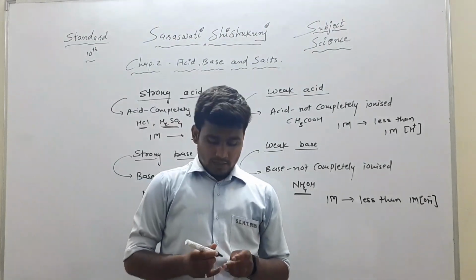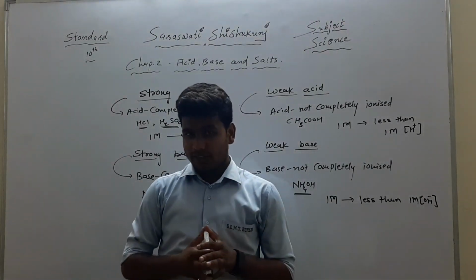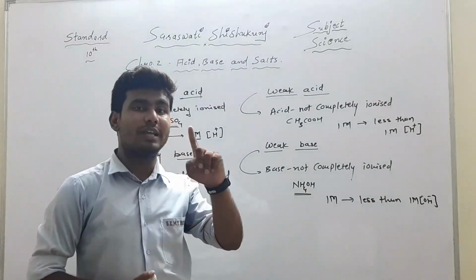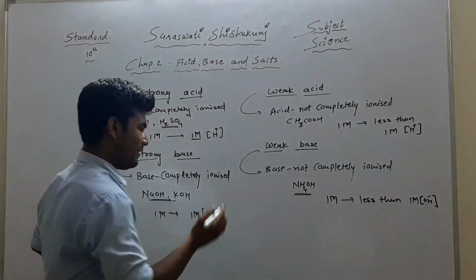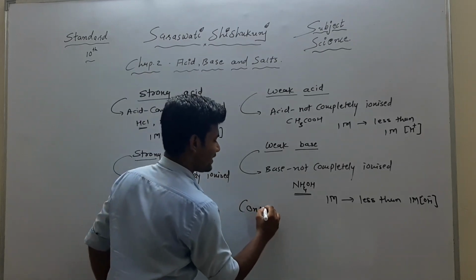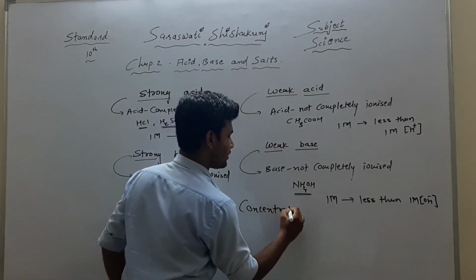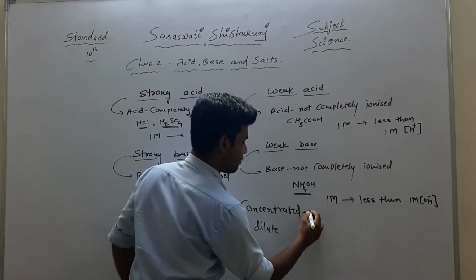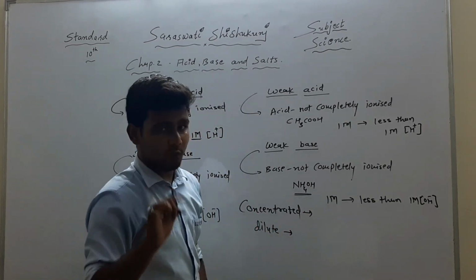So see, here it's very necessary to understand that the concept of strong and weak is related to ionization. In other words, concentrated and dilute is dependent on the portion of water.